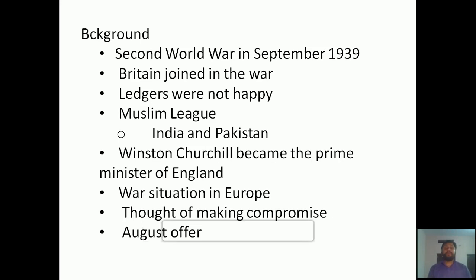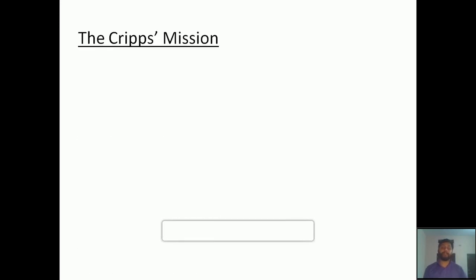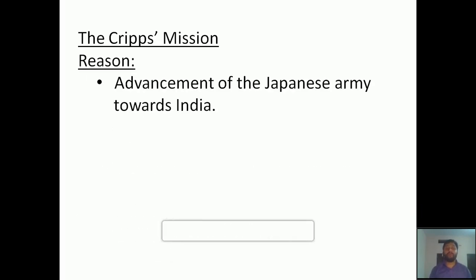Now let's move to the first cause behind the emergence of the Quit India Movement, that is the Cripps Mission. As I have already told, the condition in Europe was getting worse day by day. And a further development took place when the Japanese army started to advance towards India.